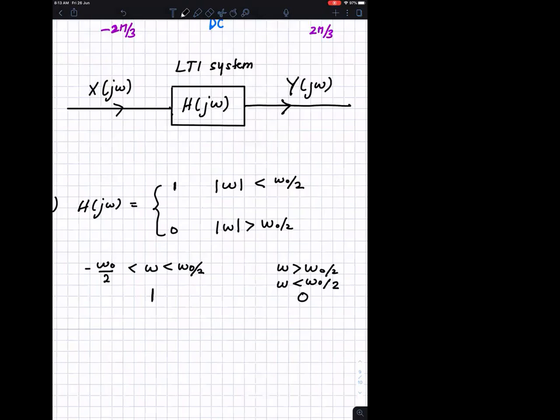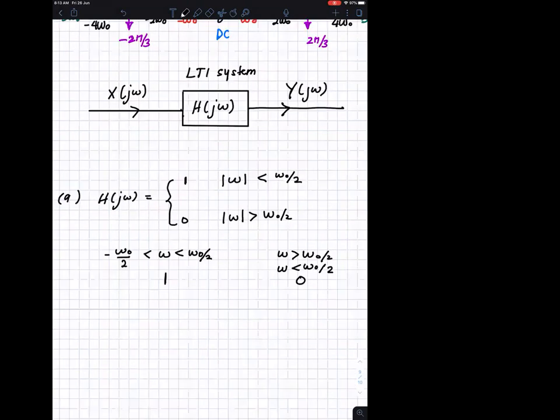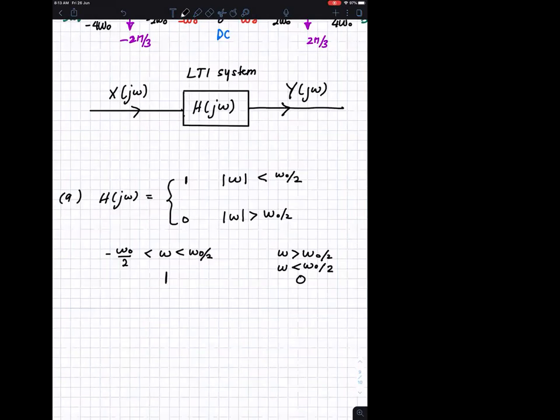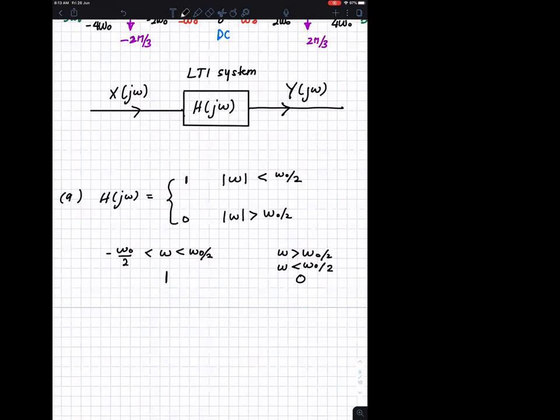So this is what we want to focus on. The filter amplitude is 1, that means it's passing the signal in this range.